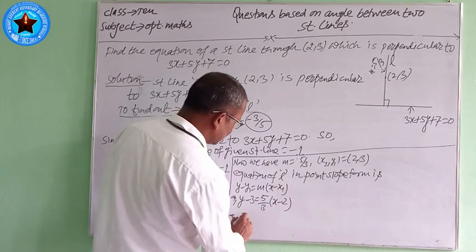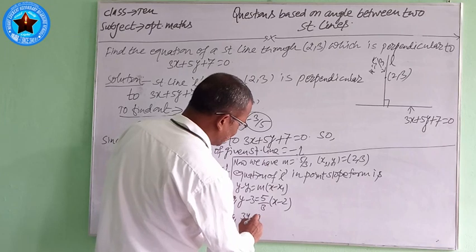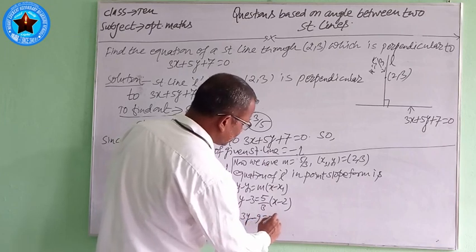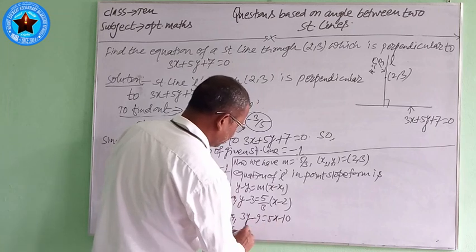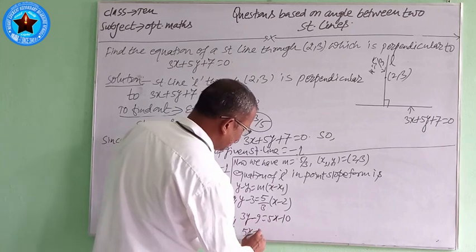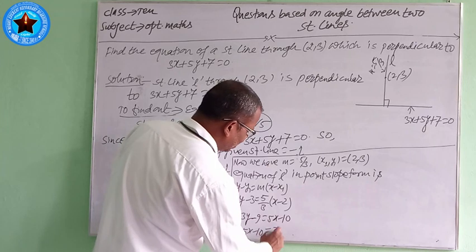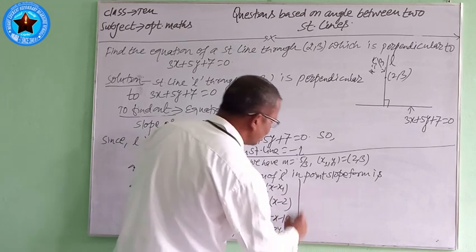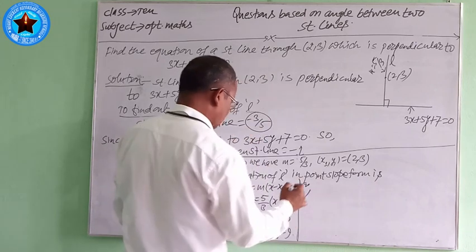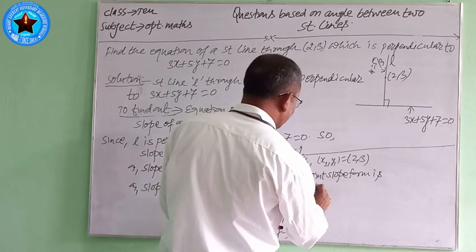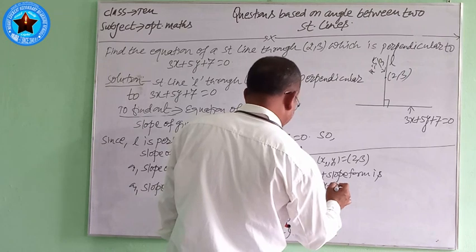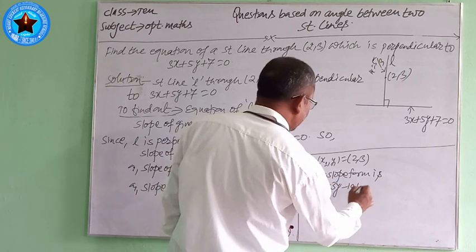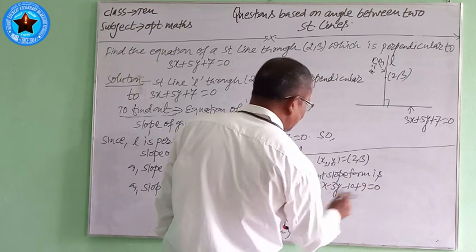It gives us 3y minus 9 equals 5x minus 10, or 5x minus 3y minus 10 plus 9 equals 0.